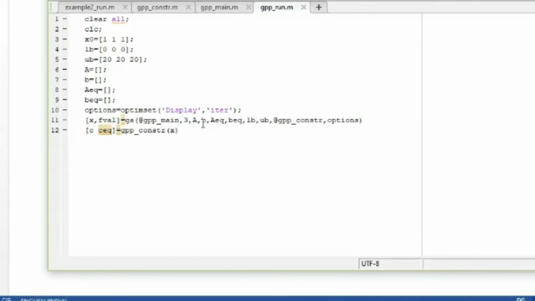Generally crossover probability is more and mutation probability is less. In such a way it takes default values, and then the solution can be executed.